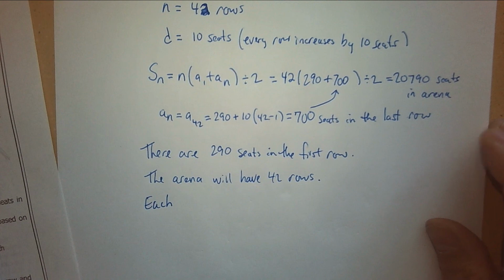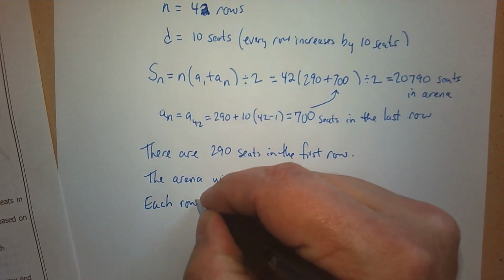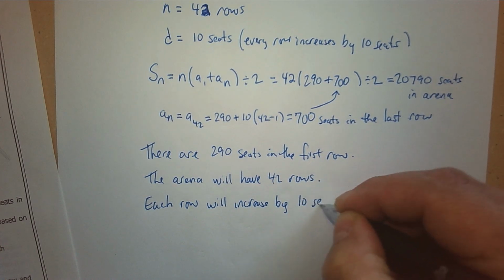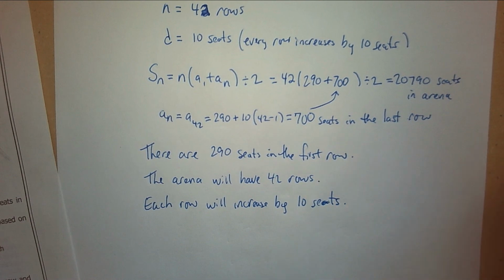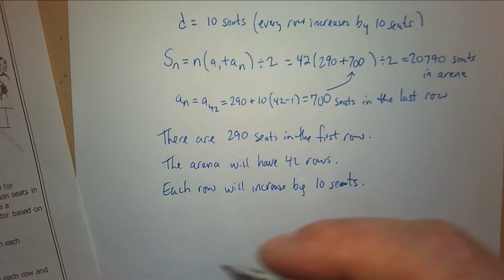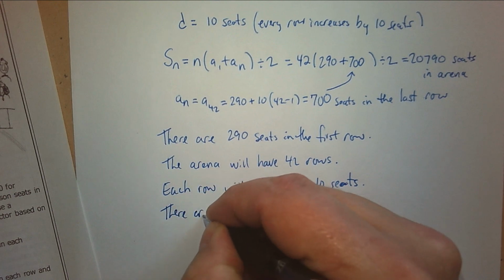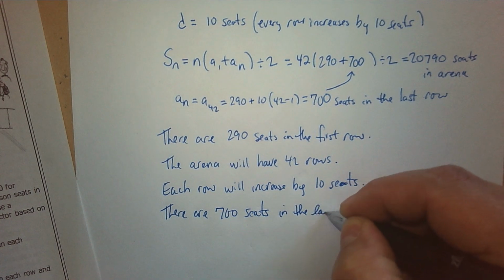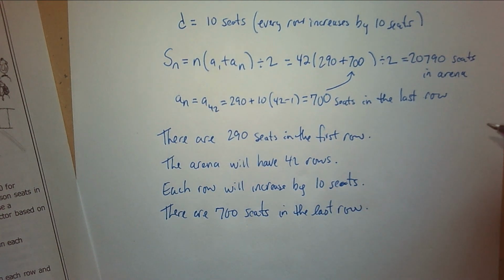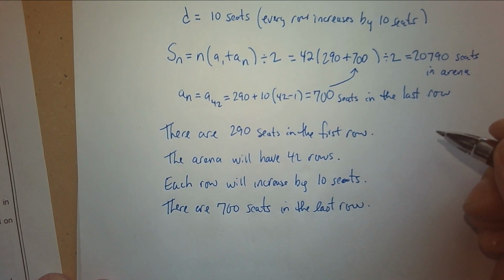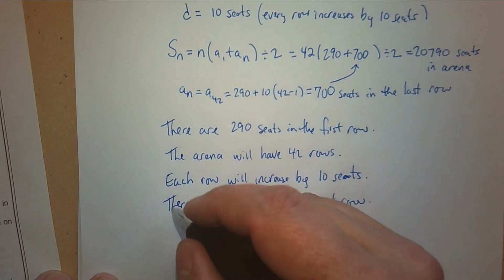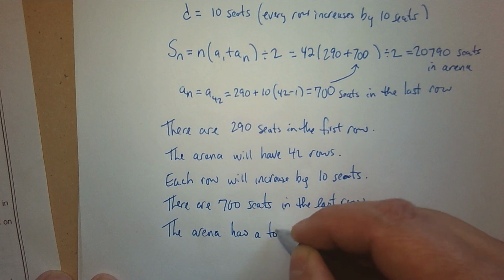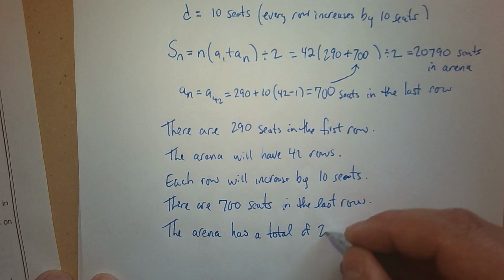Each row will increase by 10 seats. There are 700 seats in the last row. And the last bullet point for the first section is the total number of seats in the arena: 20,790 seats.